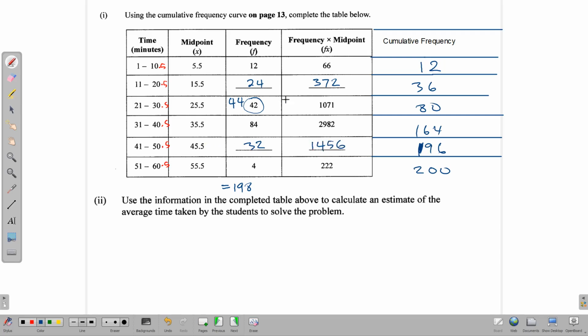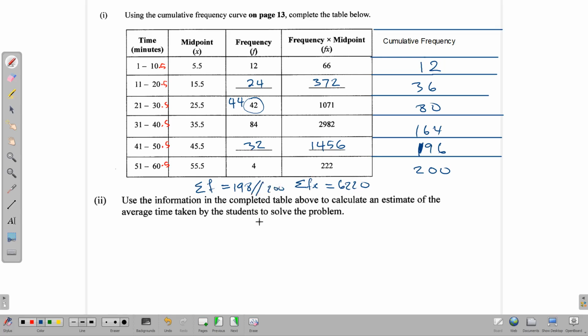So having found our missing frequencies and having multiplied frequency by midpoint, we can now sum these. And the sum of fx here, when you add them up, gives us 6,220. And of course, the sum of f would not be 198, but actually 200.